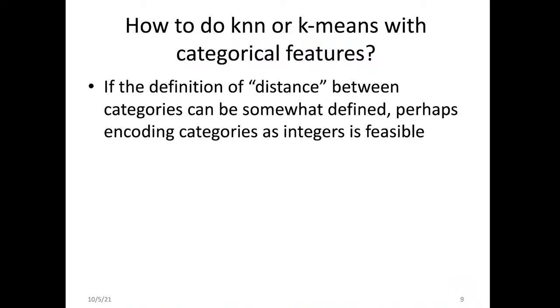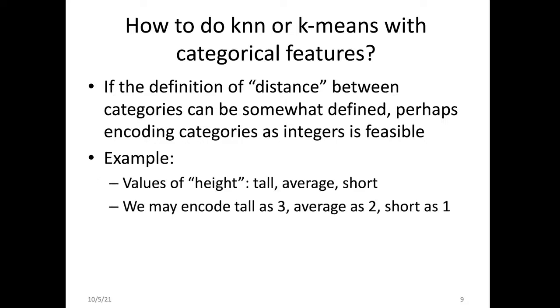But on the other hand, if you could somehow define the distance based on the categorical features, then perhaps you could do it. For example, if one of the features, height, has three values. It's categorical data, and its values are tall, average, and short.